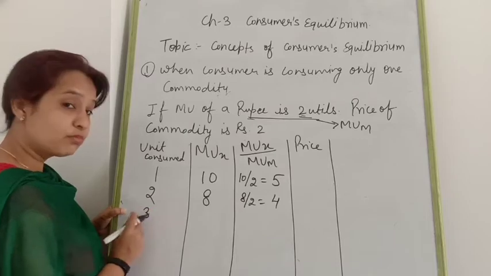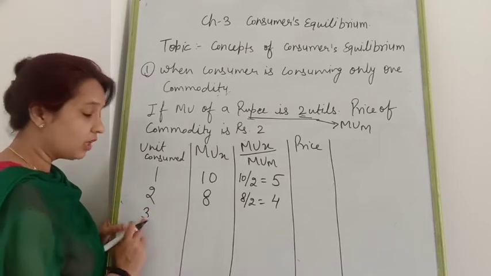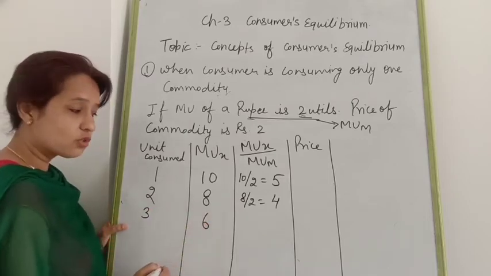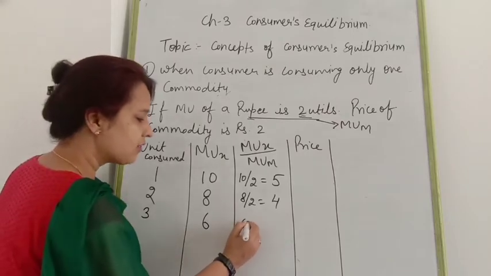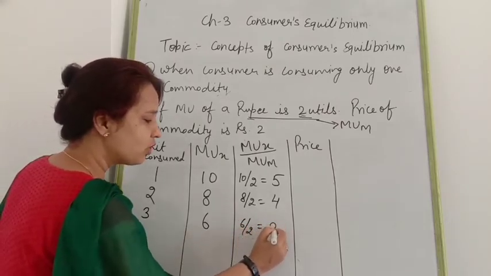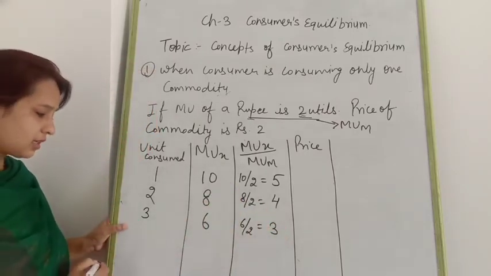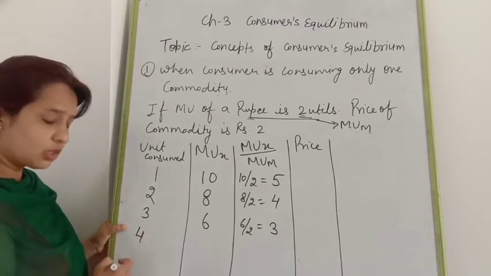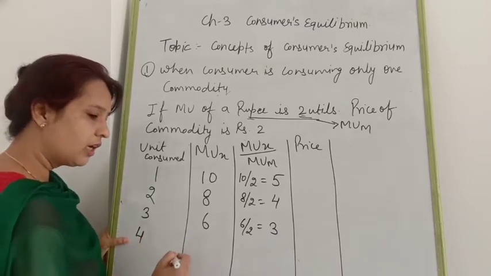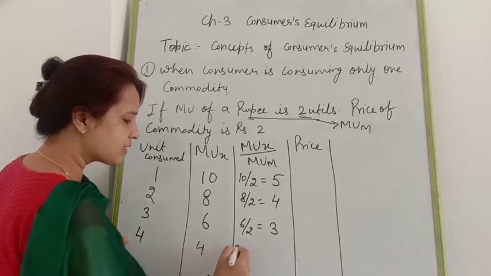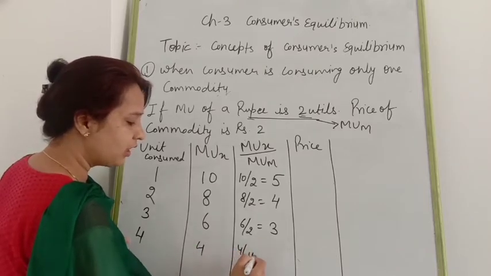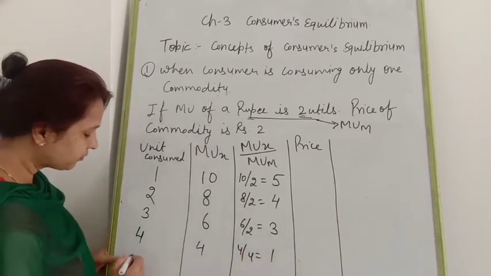The third unit: suppose he is consuming the third unit, definitely his satisfaction is going to decrease. 6 divided by 2, how much is MUX upon MUM? That is 3. If he is going to consume the fourth unit, definitely his satisfaction will decrease. Clear?